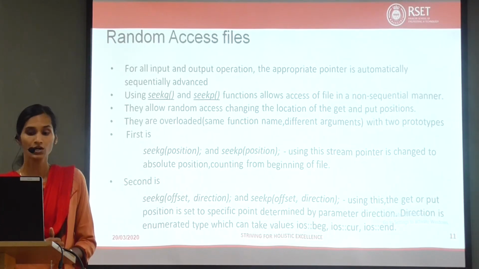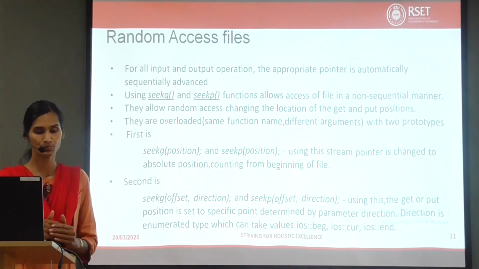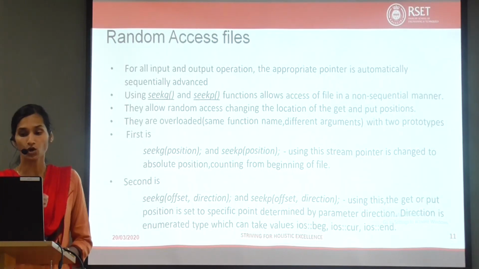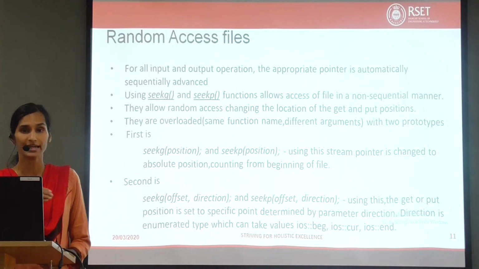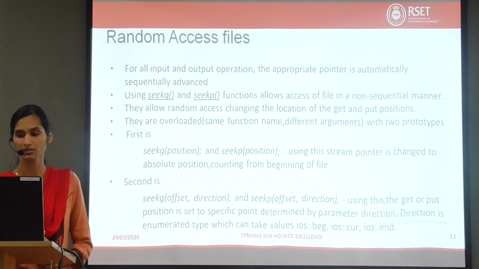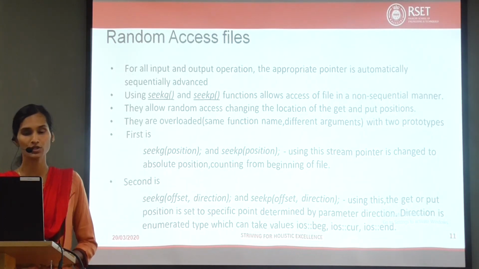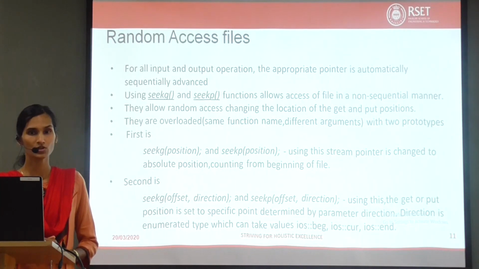In that case, you will be instructing the get or the put position by giving an offset and also a direction. Now the direction is going to be an enumerated data type which you use just like ios::beginning, ios::current, and ios::end.